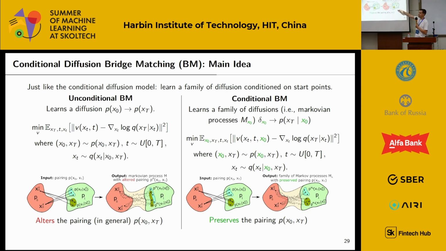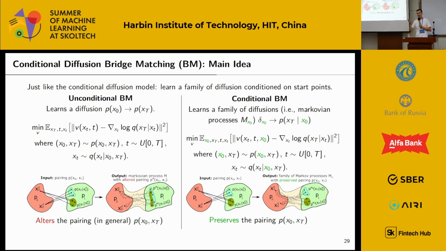So it will be a separate diffusion which transforms just one point to its corresponding conditional distribution. And the same will be for the other point. It will map this point by its own separate conditioned stochastic differential equation to the distribution corresponding to this point.